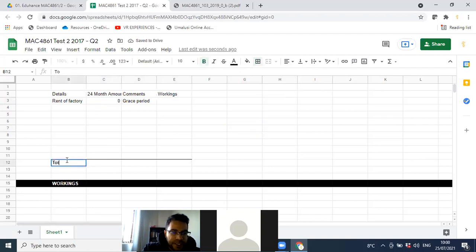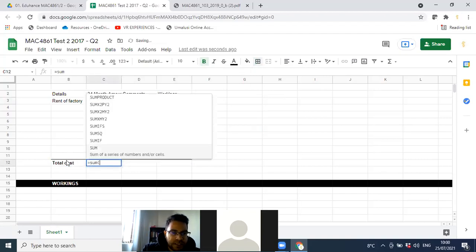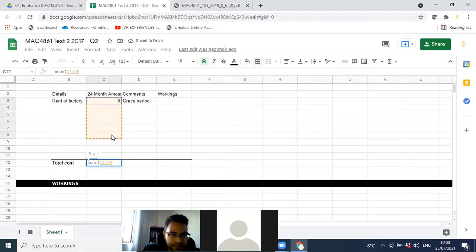this here is going to be total cost. The total cost is just going to be equal sum, all of that. And then we want the monthly cost. So this is our setup: total cost for 24 months. Here's the number of months, which is going to be 24.